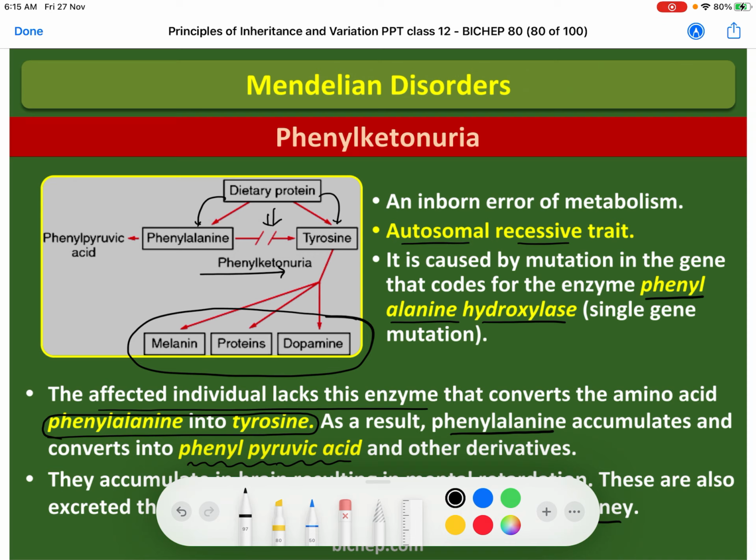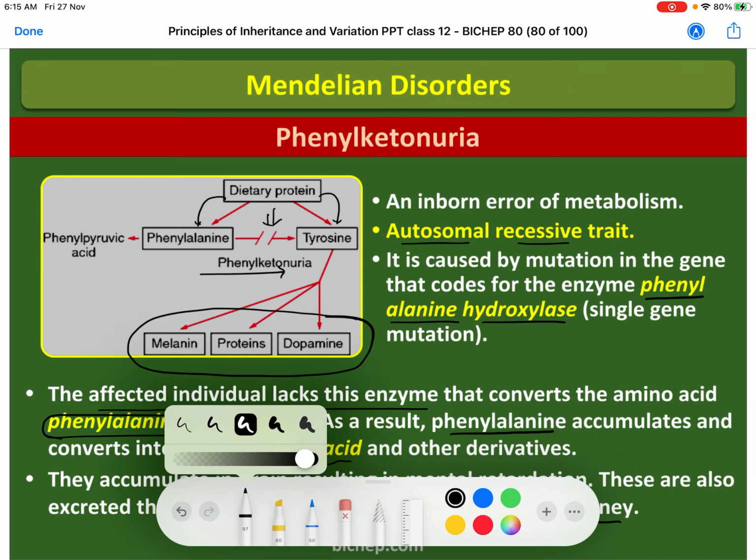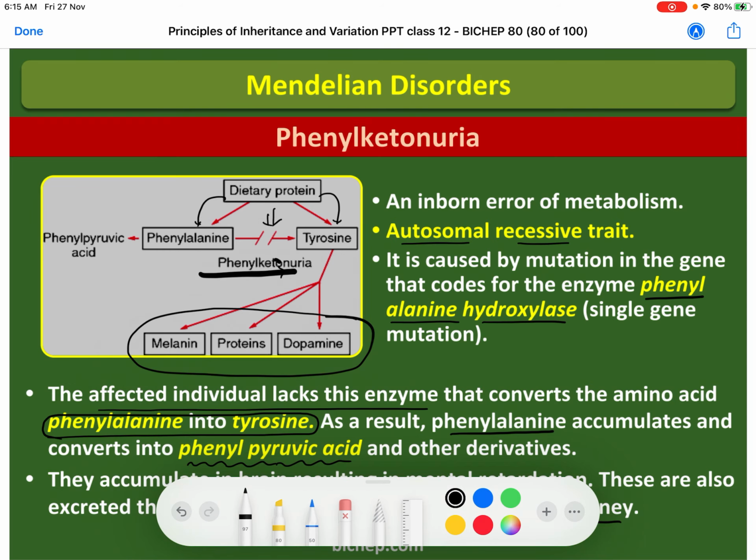So, the reaction of phenylalanine, which is in turn to be converted into tyrosine, is not getting done, and this phenylalanine is actually forming phenylpyruvic acid, and that is accumulated in the brain to produce retardation.